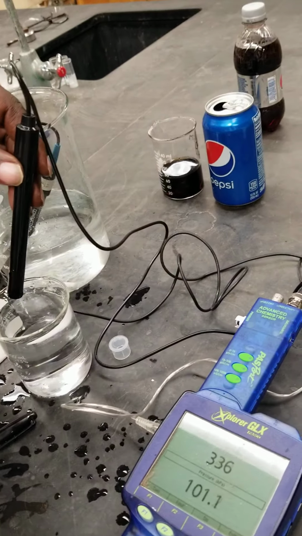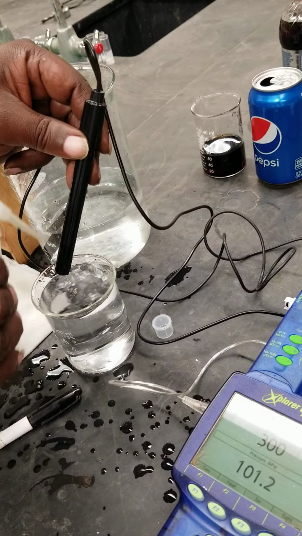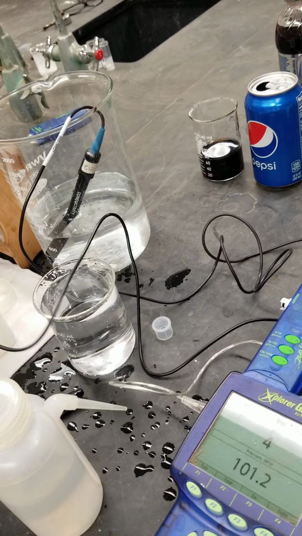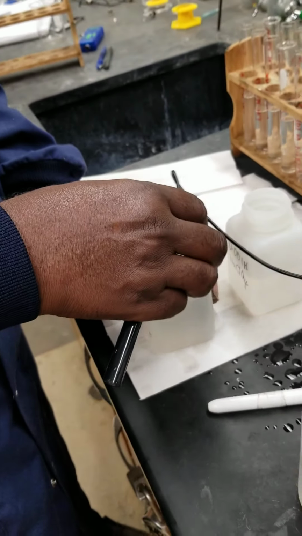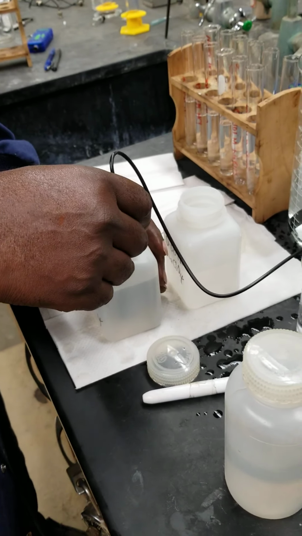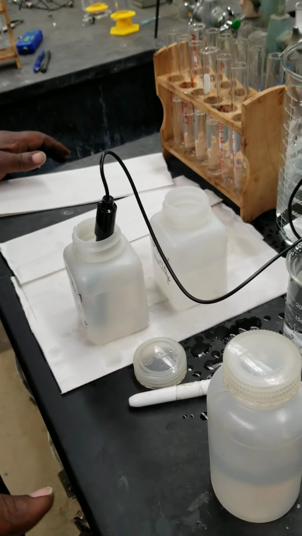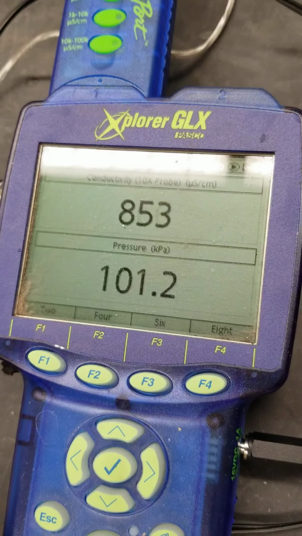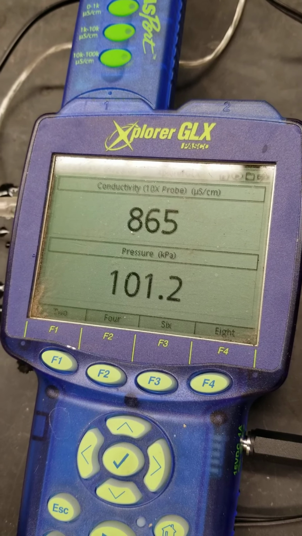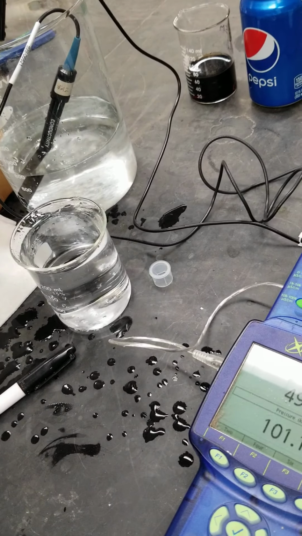Now we'll go to magnesium sulfate. +2, -2. Let's read that as 860. 860. 3 more measurements.